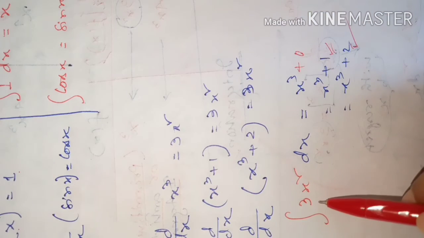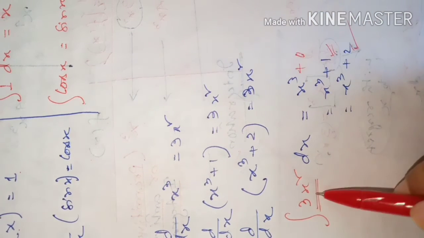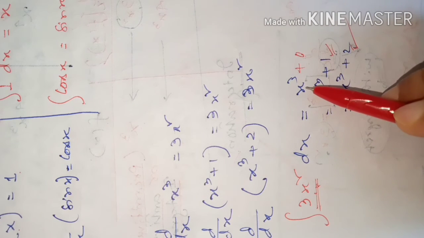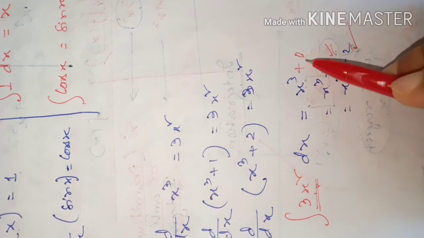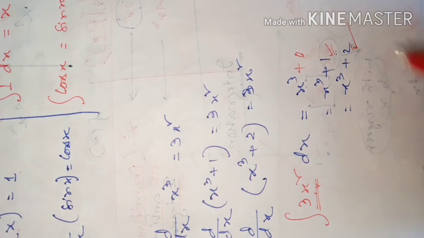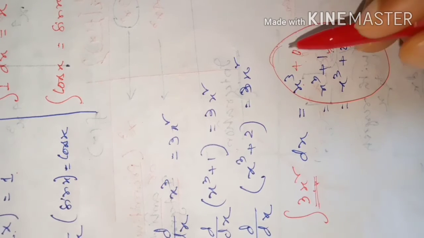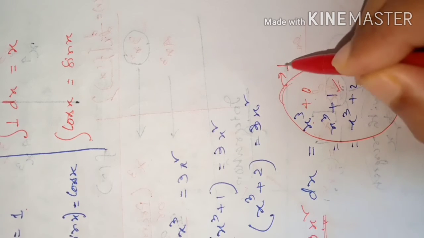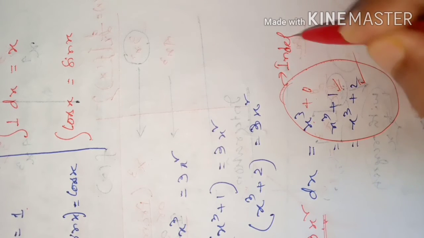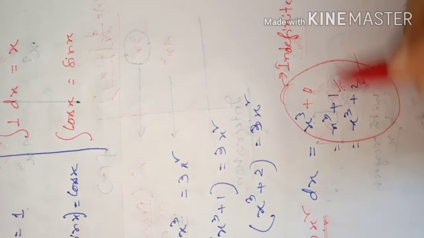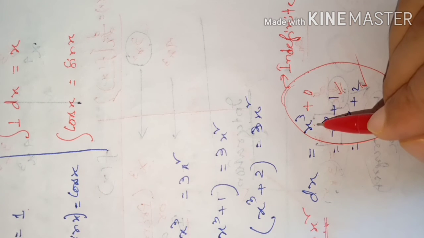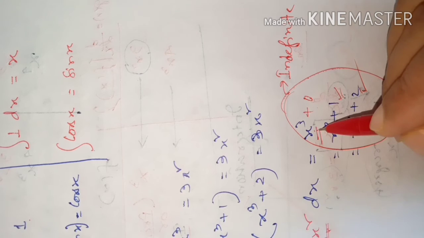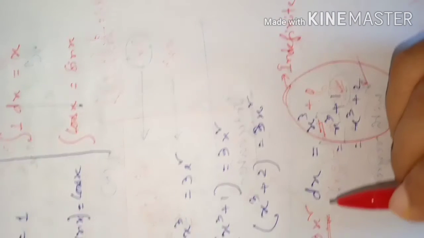That means every antiderivative of a function will always have a constant attached to it. So that constant is not unique. That means you will get a family of integrals. So that's why these integrals are called indefinite integrals, because you can't have a definite, means fixed, integral of a given function.